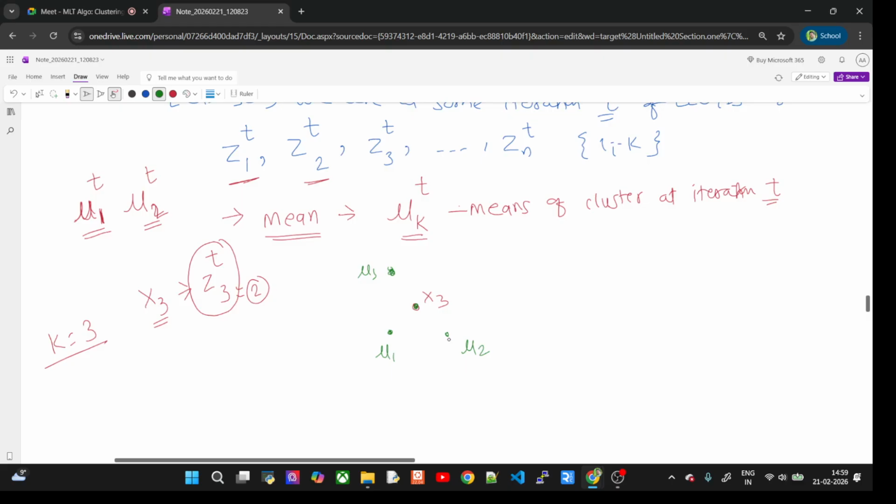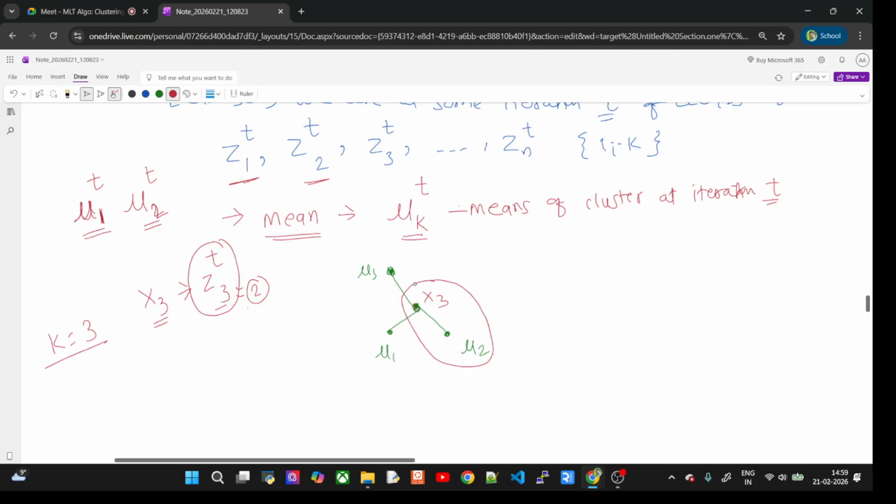Since x3 is not happy with its current group, we need to figure out the minimum distance of x3 from these clusters. For the time being, consider that z3 is 2, meaning it belongs to this cluster.